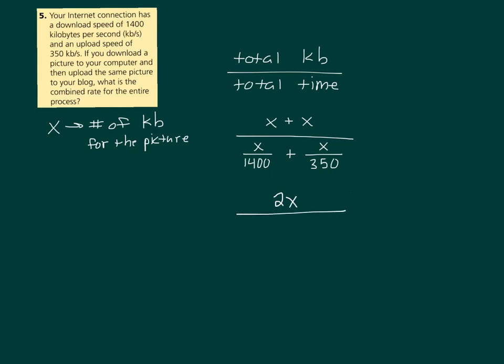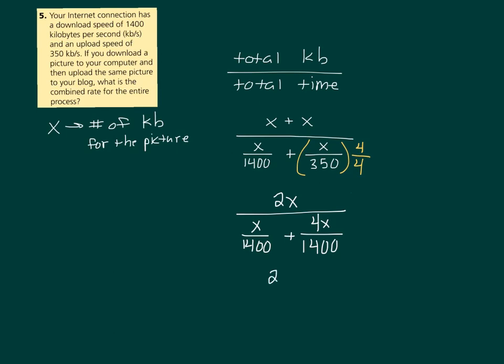The denominator, the common denominator we need there, this one's a little bit easier, back into the comfort zone because the denominators are just numbers. What is the least common multiple of 1400 and 350? It's 1400. So we have x over 1400 plus, and the way we get that here is we multiply this by 4 over 4. So we get 4x over 1400.